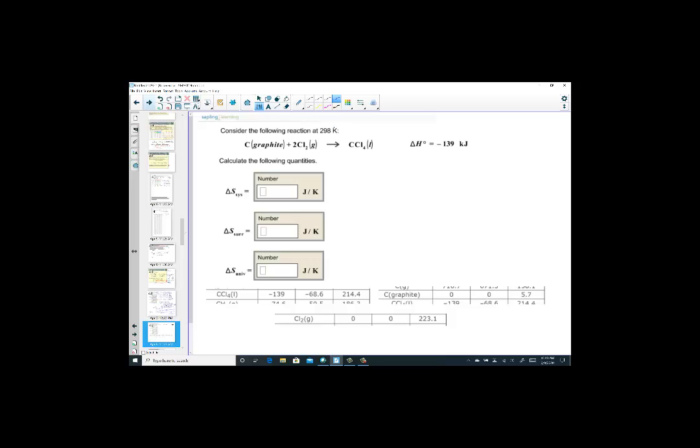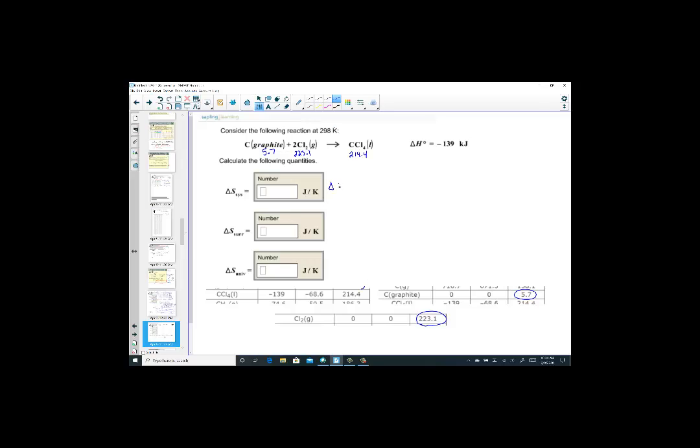Carbon in the graphite form is assigned an entropy value of 5.7. Chlorine in the natural elemental state, 223.1. And carbon tetrachloride in the liquid phase, 214.4.